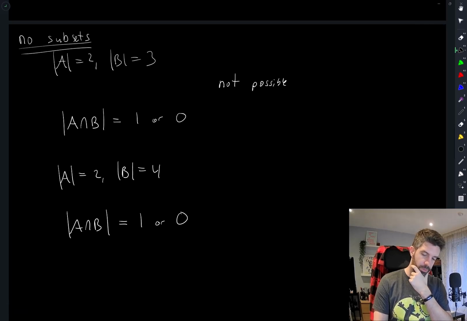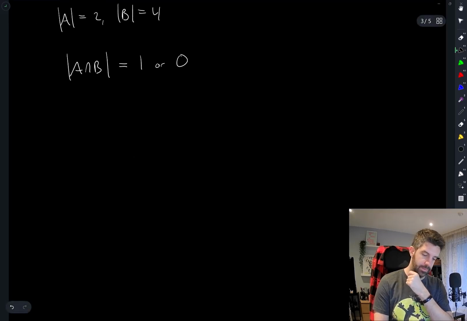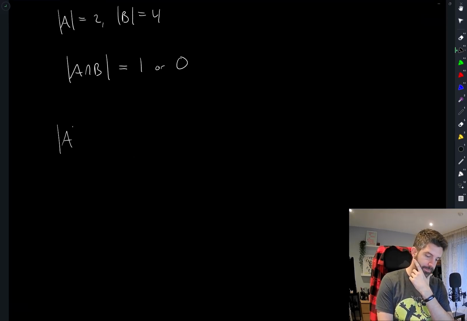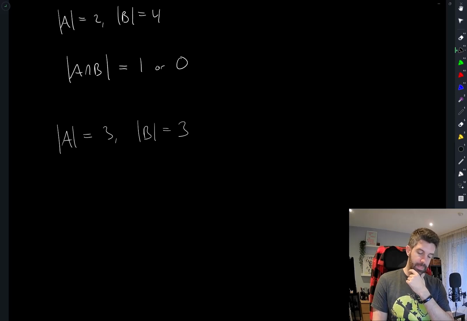Okay, so if one is not a subset of the other, then it's not possible for one of them to have a cardinality of 2. Let's try cardinality of 3. And again, neither is a subset of the other.